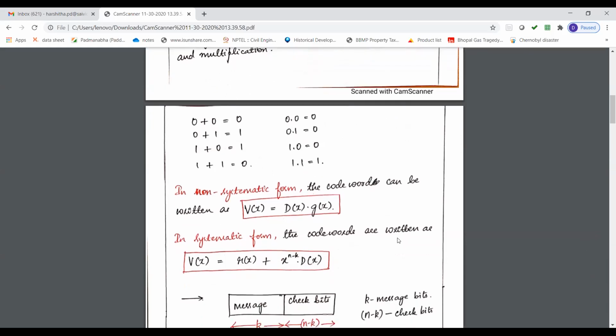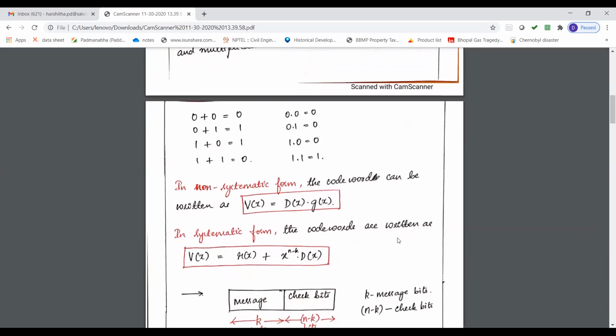These code vectors under binary cyclic codes can be represented in non-systematic form and systematic form. First, we'll understand how these code words can be represented in non-systematic form. In non-systematic form, the code word is represented as v of x equals the product of d of x and g of x, where d of x is the message polynomial and g of x is the generator polynomial.